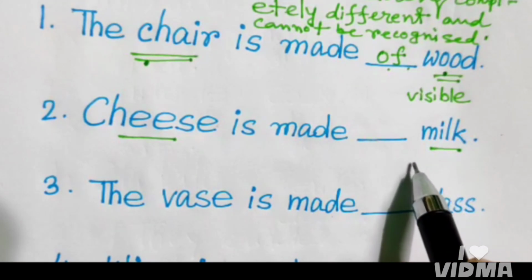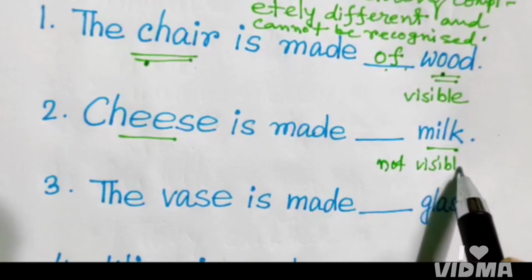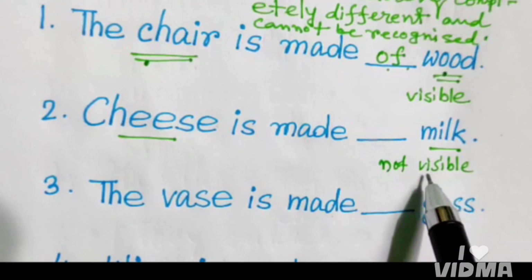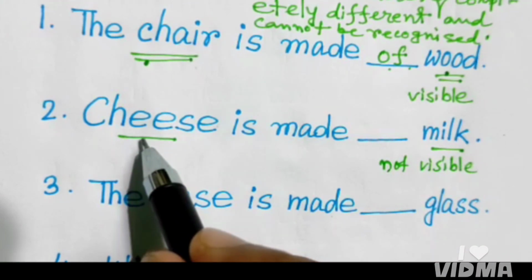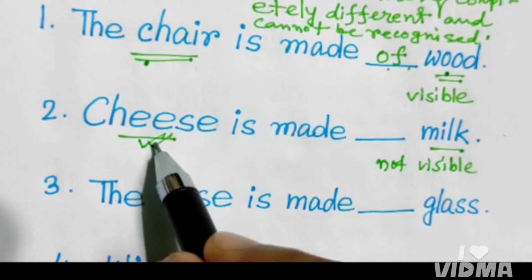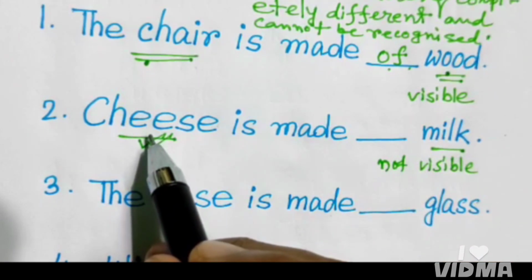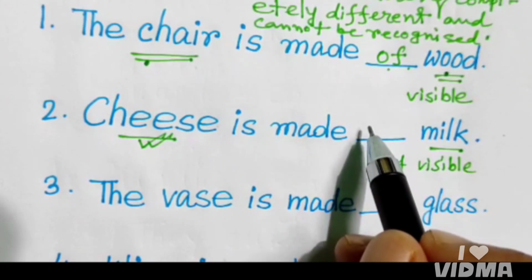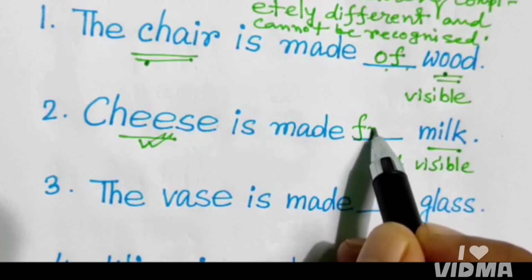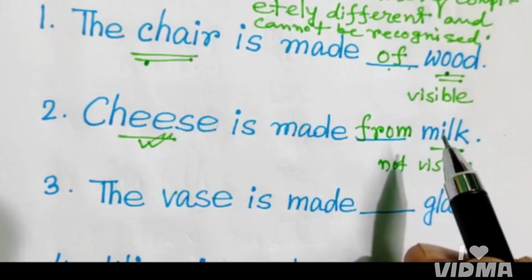Milk is not visible, you cannot see it. When you see cheese, you cannot see milk. Milk is transformed into cheese. So here you have to use made from. Cheese is made from milk.